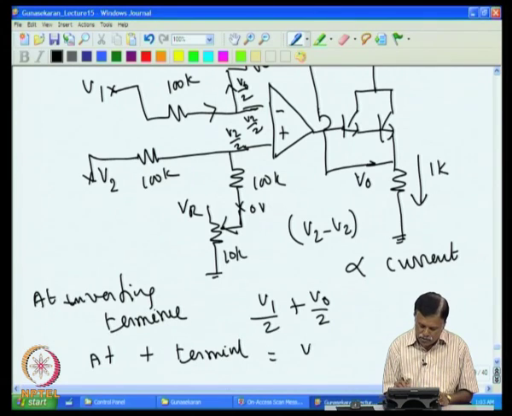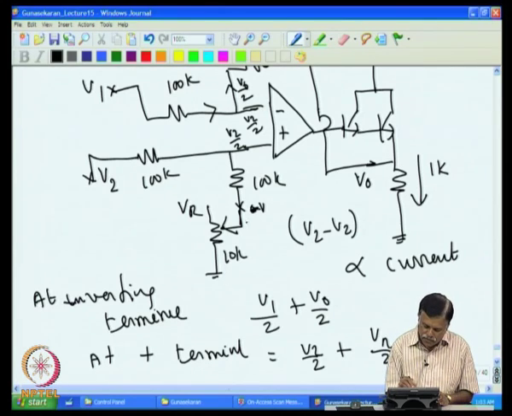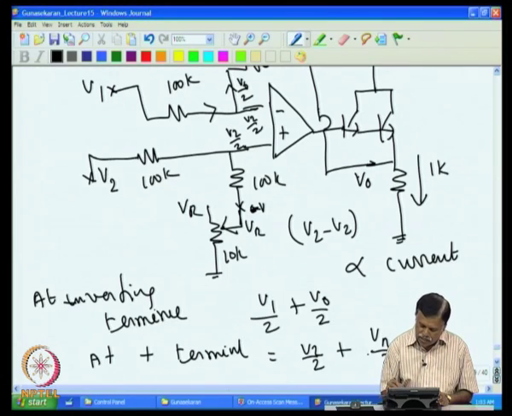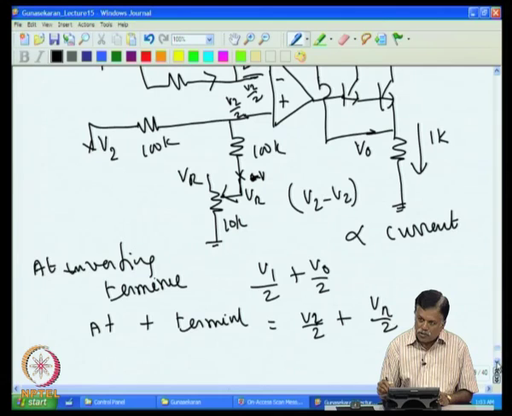The voltage at the plus terminal will be V2 by 2 plus VR by 2, if I assume this is VR, the constant voltage. So, both of these must be equal.